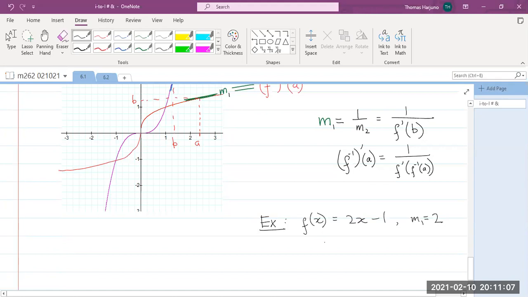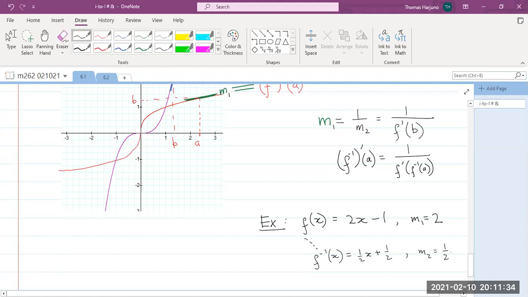Now the inverse of this function must have slope 1/2. If you do the inverse function, you will see f inverse of x is actually 1/2 x plus 1/2. Now you see that the slope is the reciprocal of the original one.